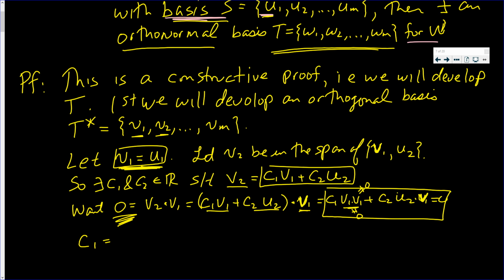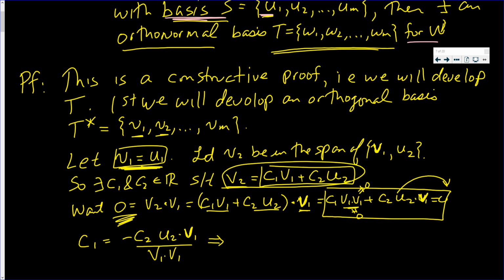C1 is, bringing this to the other side, negative C2 U2 dot V1 over V1 dot V1. How about we let C2 equal 1? That implies that C1 is negative U2 dot V1 over V1 dot V1, by the property of multiplying by 1.